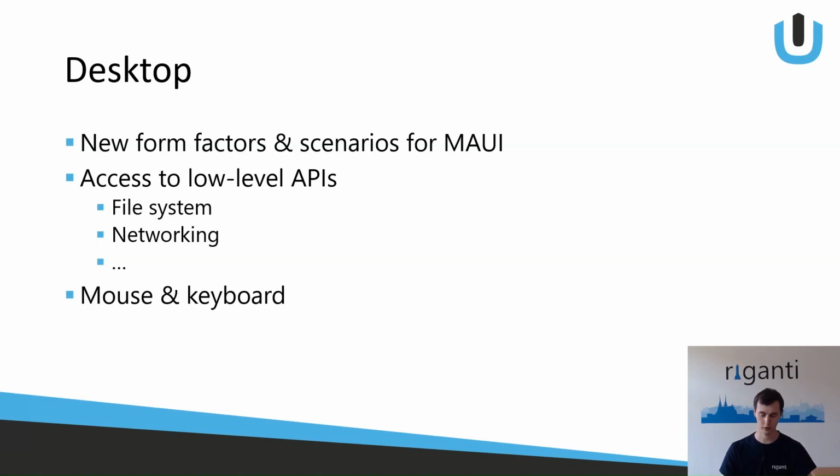This was supported even before at some level because there are mouses and keyboards that you can connect to your Android device or iPads or stuff on iOS. However, this was not that prevalent in the development cycle, and in MAUI there are multiple things introduced that help us with this kind of development.